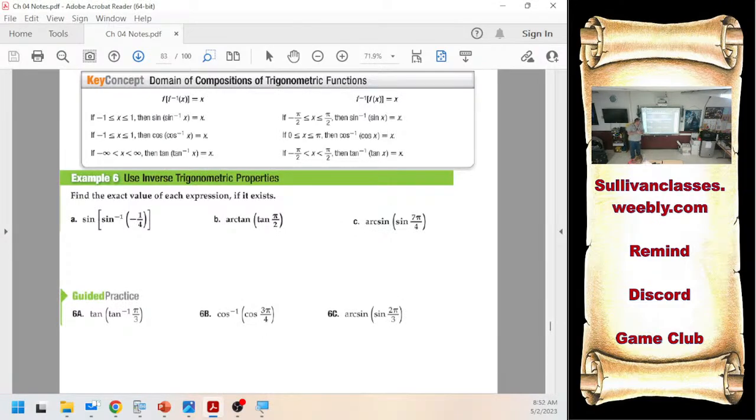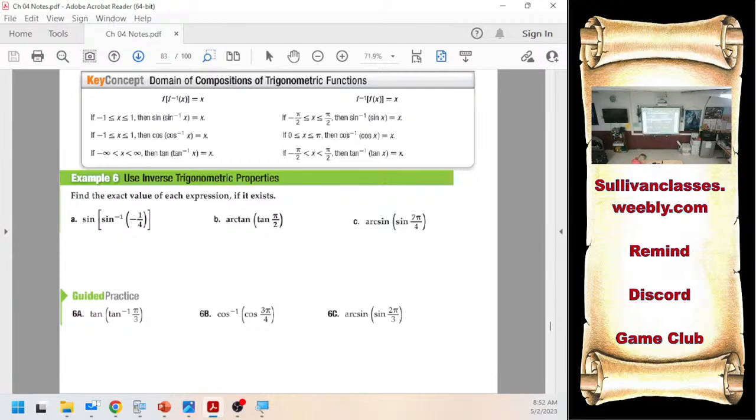Okay. Now, yesterday, when we were talking about finding these arc functions, remember, arc functions are restricted. Where is sine restricted to for domain? I can only put what kind of numbers into arc sine? -1 and 1.